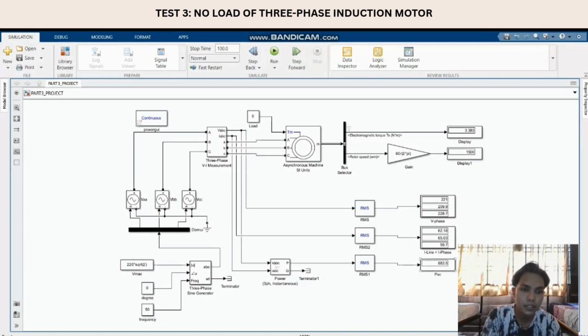For the I phase, we got 62.18, 65.03, and lastly 59.7. And lastly PSC, the value is 883.5. So that's it, and then we go through the test 4.